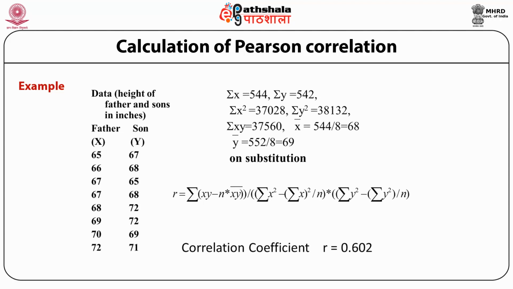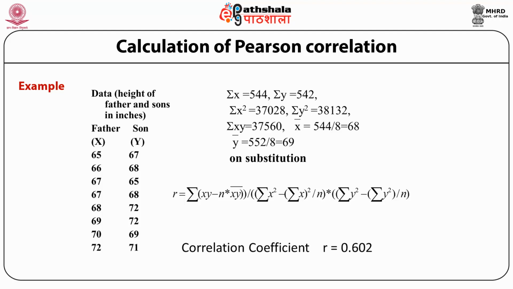This is the example. Here I want to see the relationship of father's height with the son's height. This is the scenario. I have substituted the value. R is equal to this. I found correlation R is equal to 0.602. It is a good correlation but not very good.